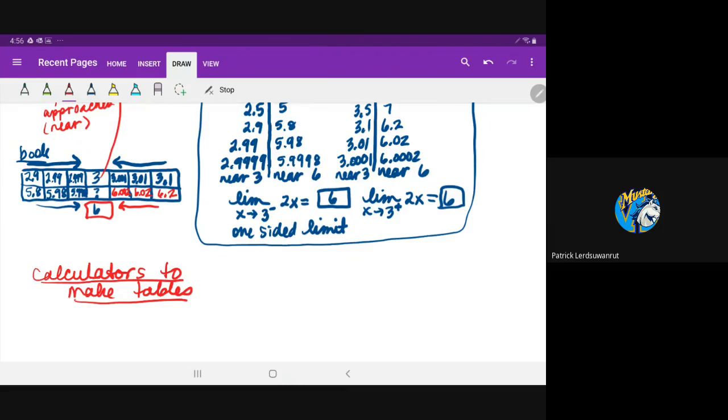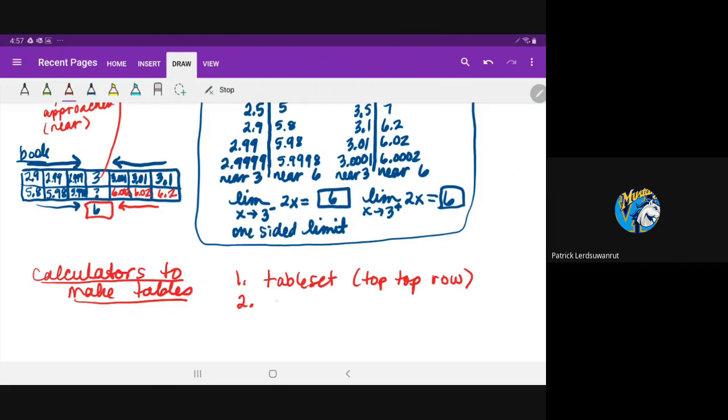Okay, so calculators to make tables. Let's write it down first. So step 1, you're going to go to table set, which is on the top row. I'll show you how to do that later.